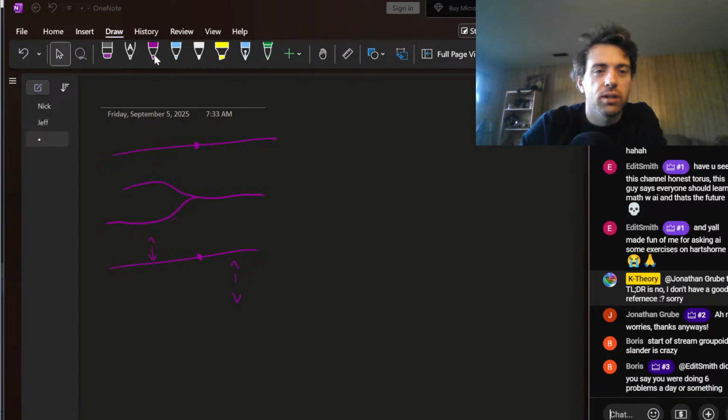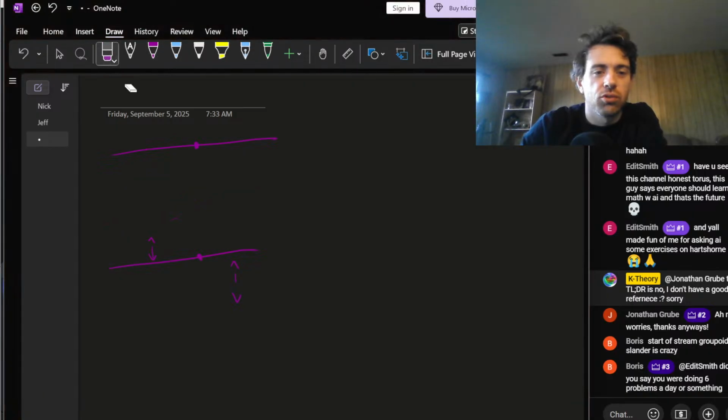Anywho, and then it's pretty easy. Once you make this identification, what's the best way to do it? Almost like I glue those, and then this has to get glued, but like before the dot.